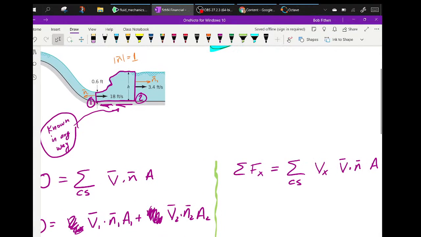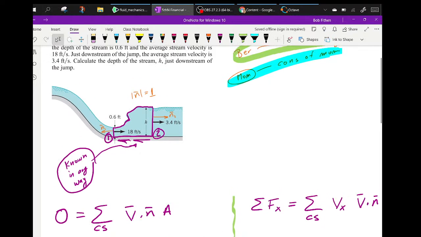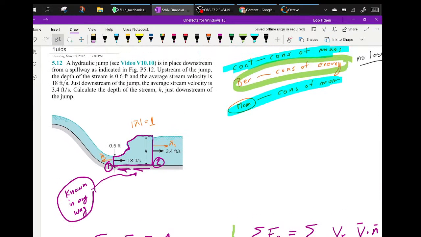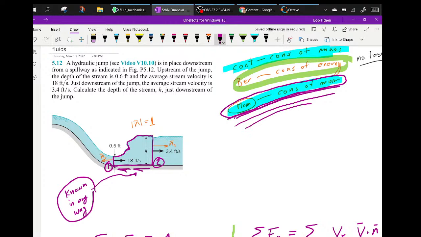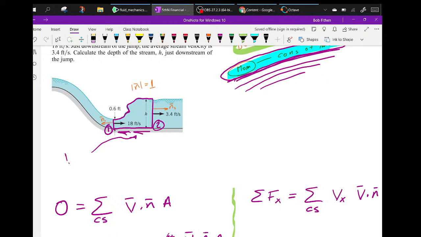the reason I looked at this problem initially and thought about it was that he's not asking you, in order to get this solution, to use this. But if I did use this, what do you think these forces would look like?